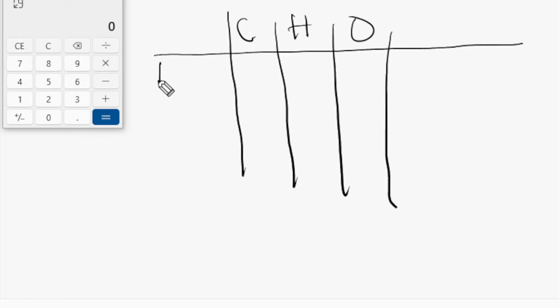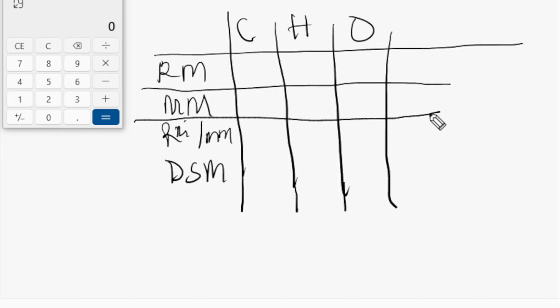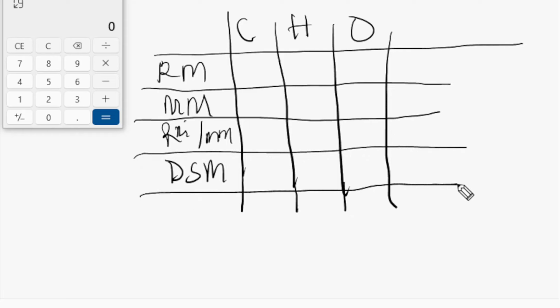So remember, we have to do reacting mass, then molar mass, then reacting mass over molar mass, then we'll divide by the smallest ratio. So guys, these are the steps we have to take in order for us to successfully calculate the empirical formula.